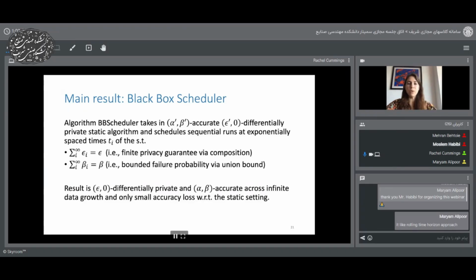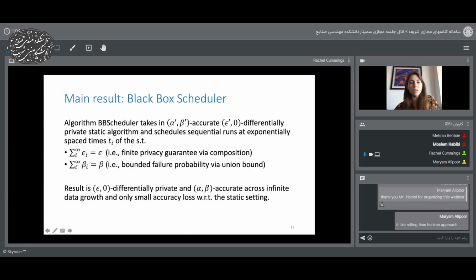But because I'm doing an overview, I'll just say that the result is an epsilon 0 differentially private algorithm, and it's going to be alpha beta accurate, even allowing for infinite data growth and only small accuracy loss compared to this alpha prime. This is exciting, the fact that we can do it across infinite data growth, because we're summing up infinitely many of these things.